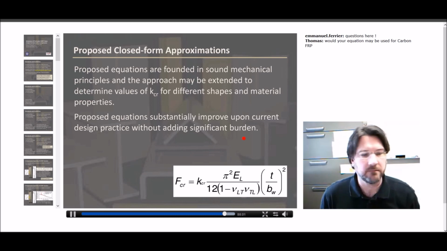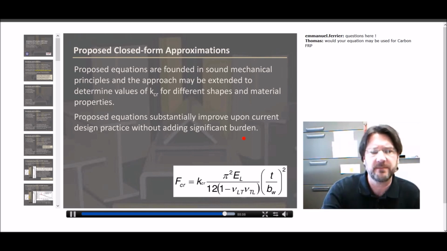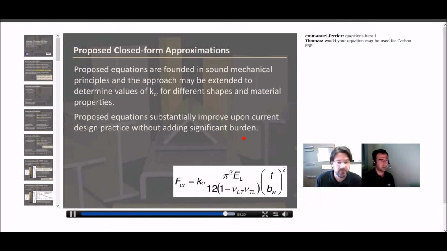We have not experimentally looked at carbon because nobody's really pultruding carbon shapes particularly. I suspect they'd be very expensive, but there's no reason. This is based on fundamental mechanics. From a buckling perspective, I see no reason why a CFRP plate would behave any differently than a GFRP plate. And so it could certainly be extended.